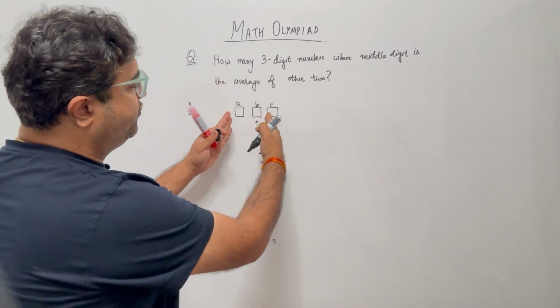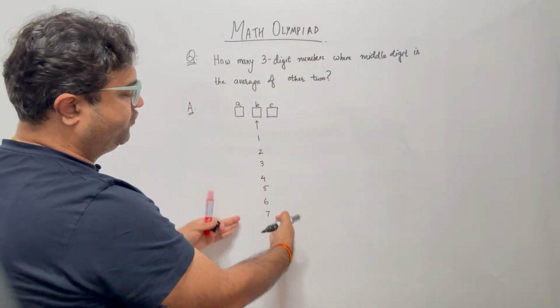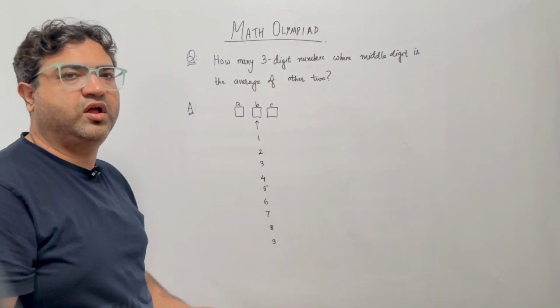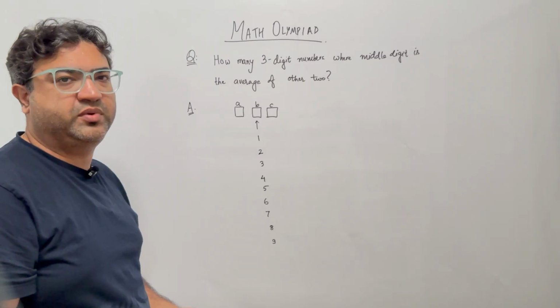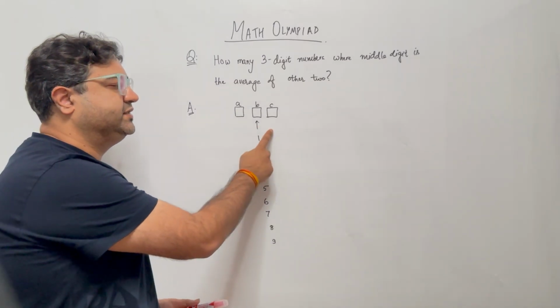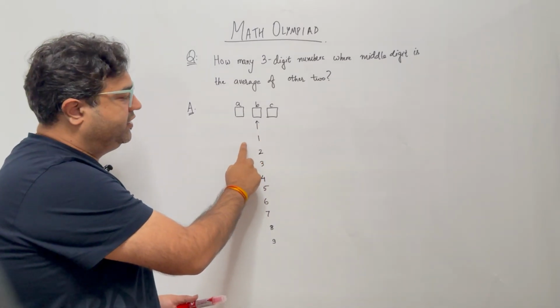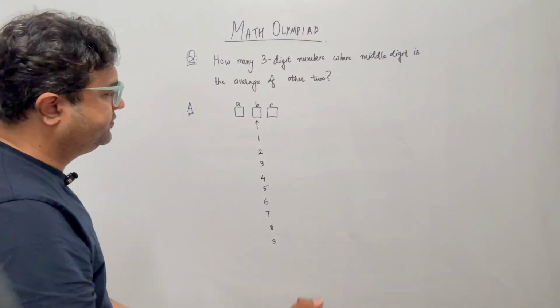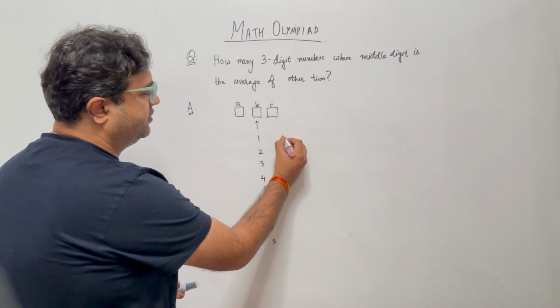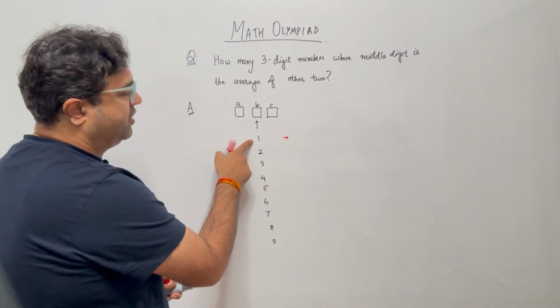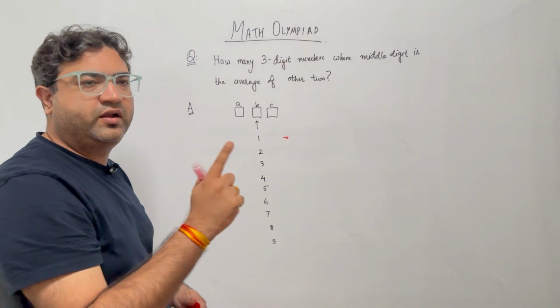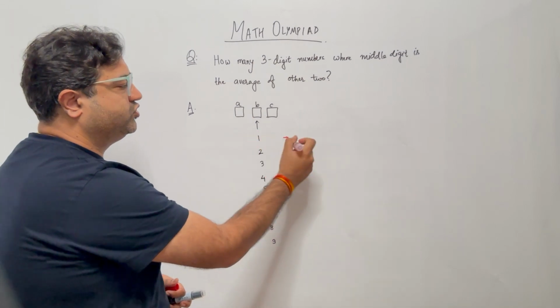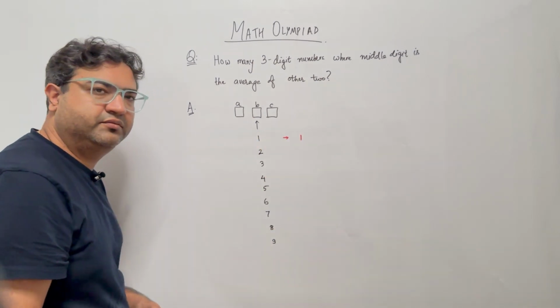Now, in this approach, we only focus on these numbers. So now we have to find all the possible values of A and C for each of these digits. For this one, we know that only 1 and 1 are possible. So there is one option.